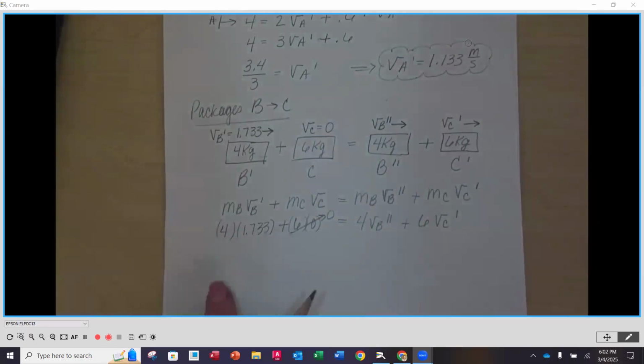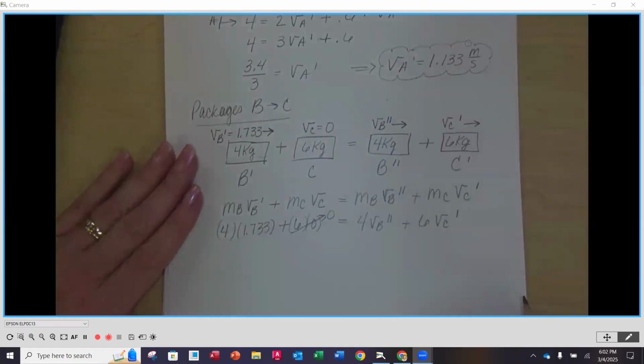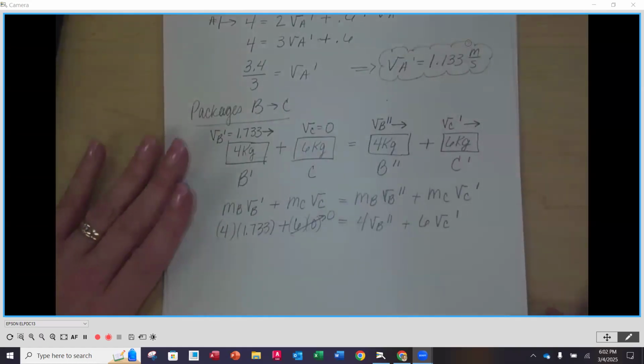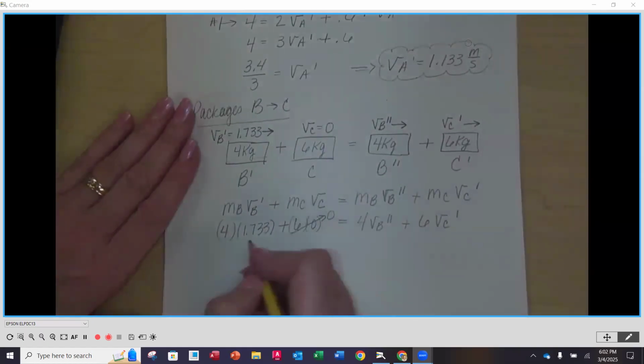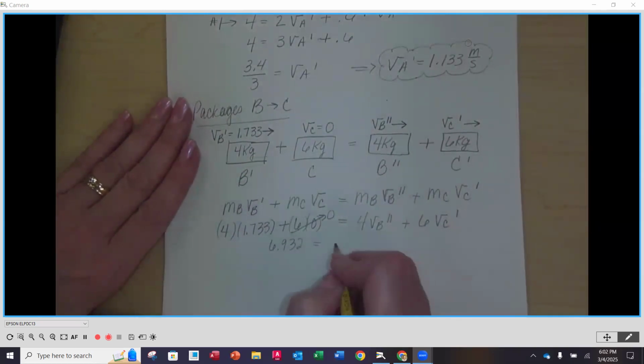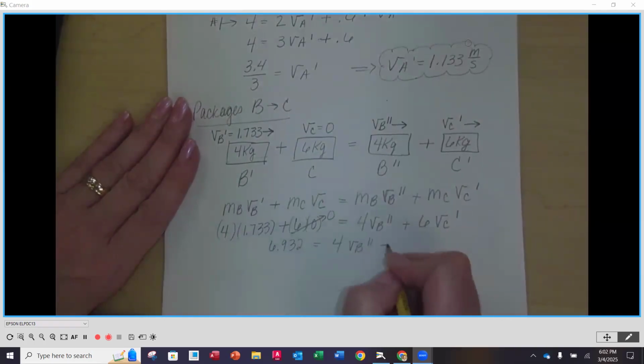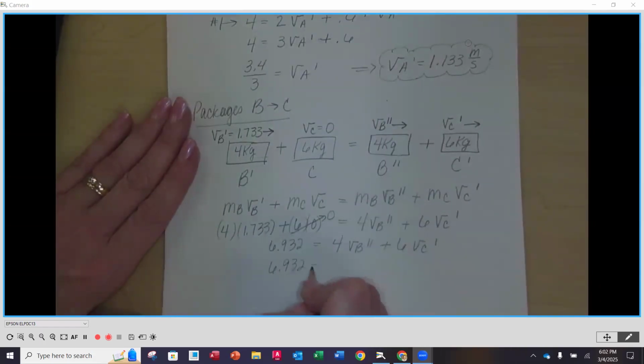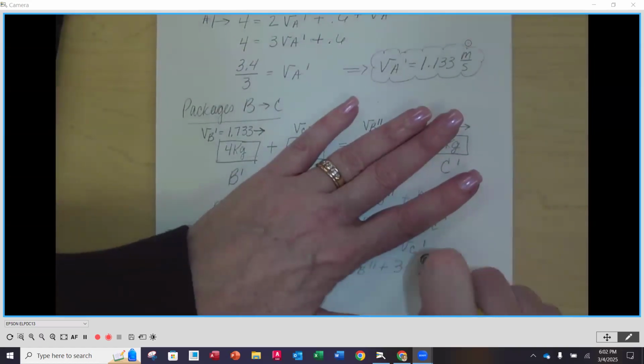Multiplying out, we get 6.932 equal to 4 VB prime prime plus 6 VC prime. I like to factor out the 2, so 6.932 is equal to 2 VB prime prime plus 3 VC prime.